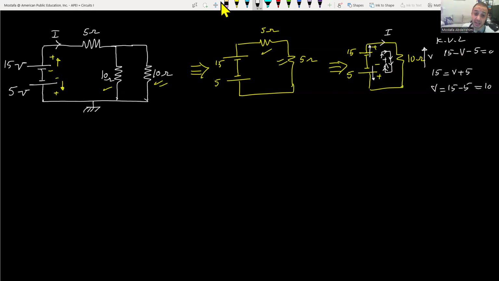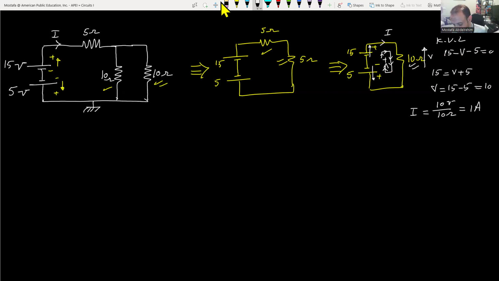So we know the voltage of the resistance. Once you know it, the current I is equal to the voltage divided by the resistance value, which is 10 again. So this will be 1 ampere. So it's exactly like the first one.